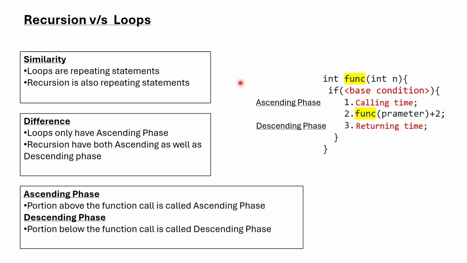So in loops, we can only go in one direction. Whenever we execute a loop, we only go in the same direction. We cannot return like recursion.